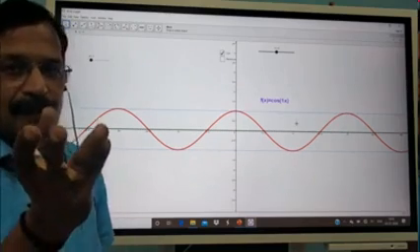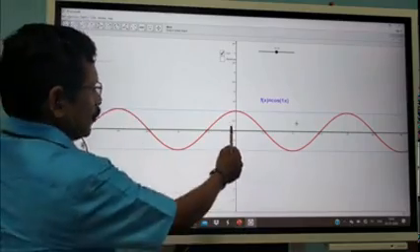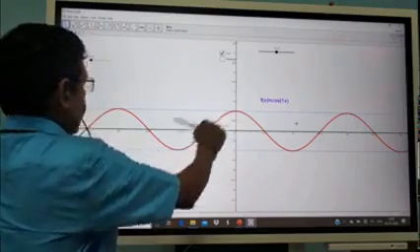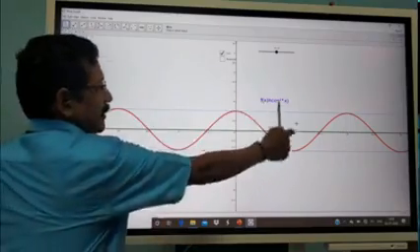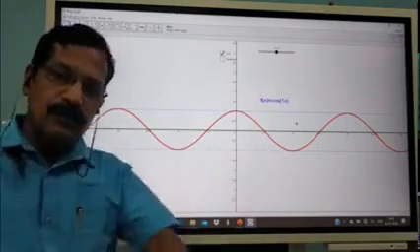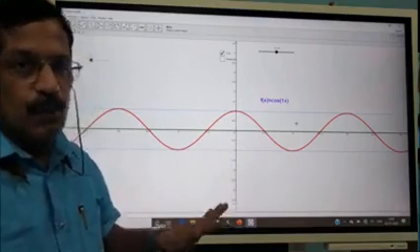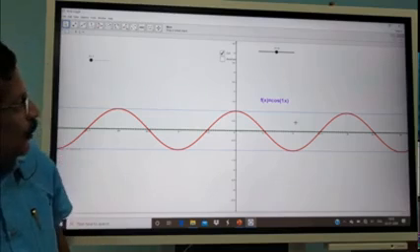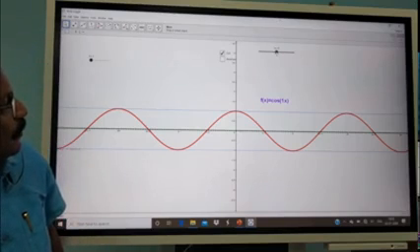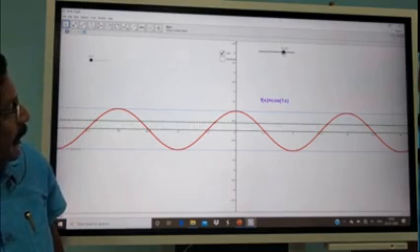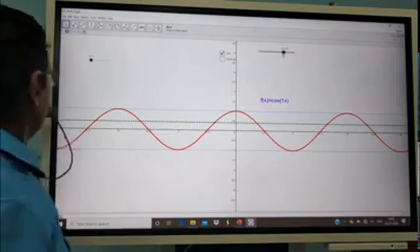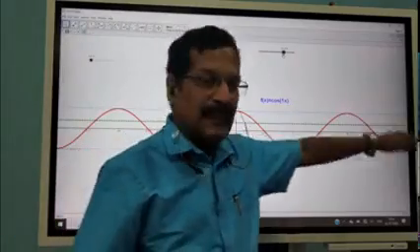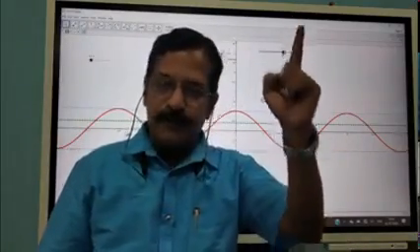Clearly, the function is onto, because the graph takes all the values between -1 and +1, but it is not one-one. We can check whether it is one-one or not. If I draw a line here parallel to the x-axis, the line intersects the graph at different points, so it is a many-one function.